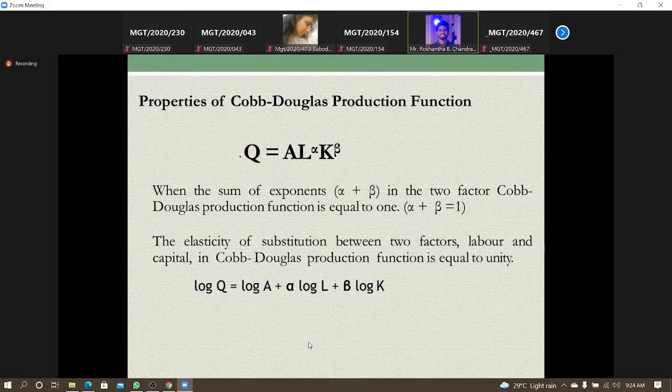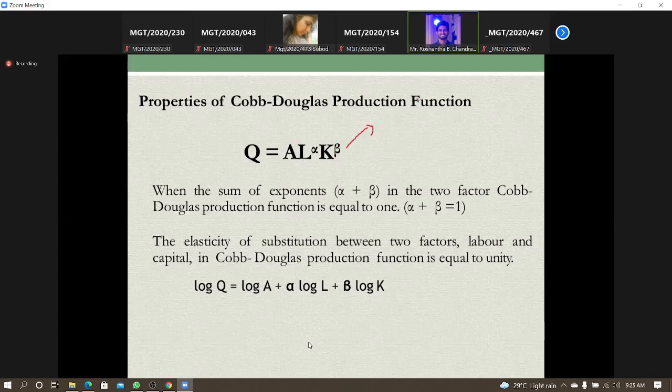This is the last point. We are not going to discuss the Cobb-Douglas function further based on calculations. The last point you need to identify in the Cobb-Douglas production function is about linear production functions. This is non-linear.